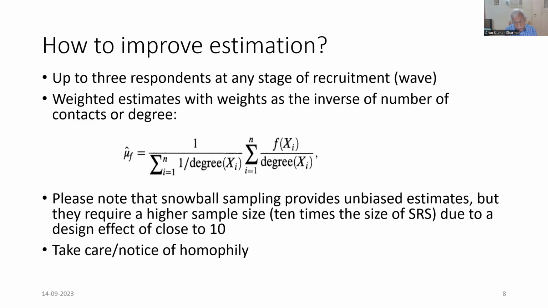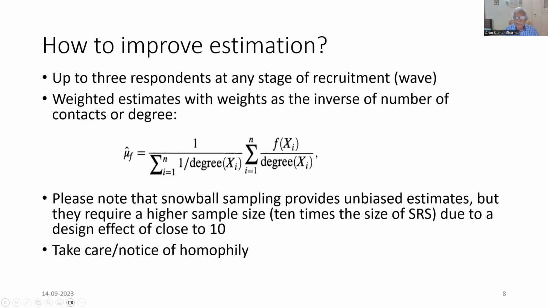So the values of those individuals who have more contacts are weighted less, and values of those individuals who have fewer contacts are weighted more. So you find that in the formula, 1 upon sigma i goes 1 to n, 1 upon degree Xi, then sigma F(xi). F(xi) is the value of the ith individual, and degree Xi means how many contacts the ith individual has. So this value of F(xi) is deflated by the weight, degree Xi.